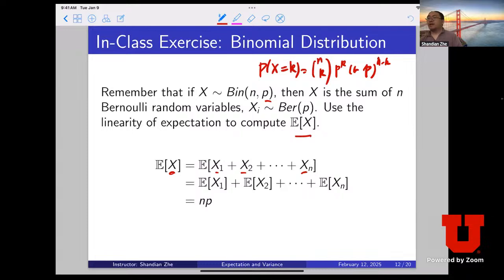If you add up all x1 through xn, their summation is the total number of successes, because all the failures are zeros. Then to compute the expectation of their summation, you can first calculate the expectation of every single Bernoulli random variable and then add them together.